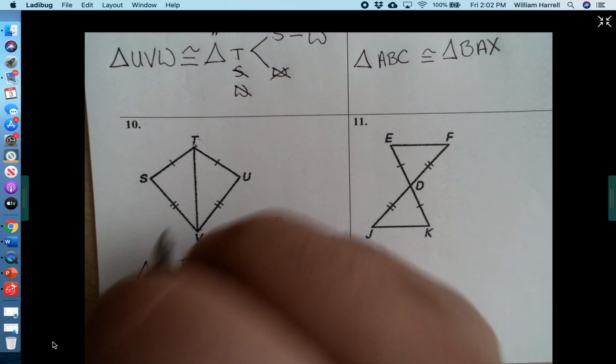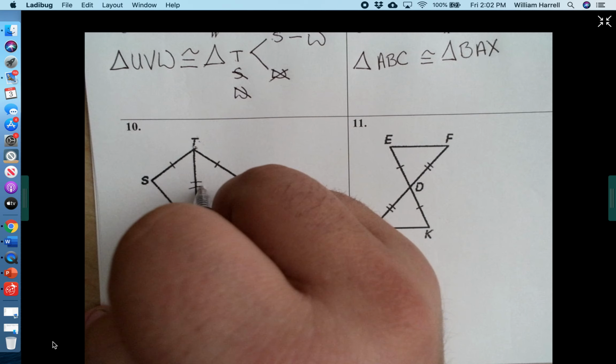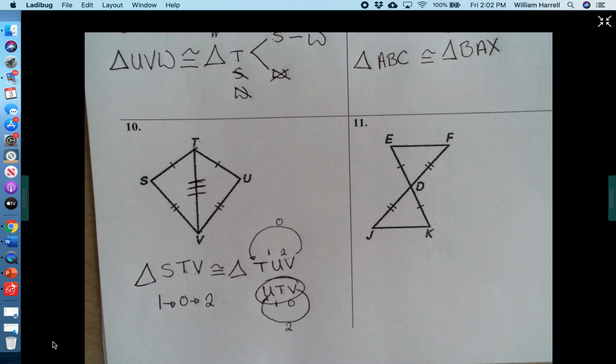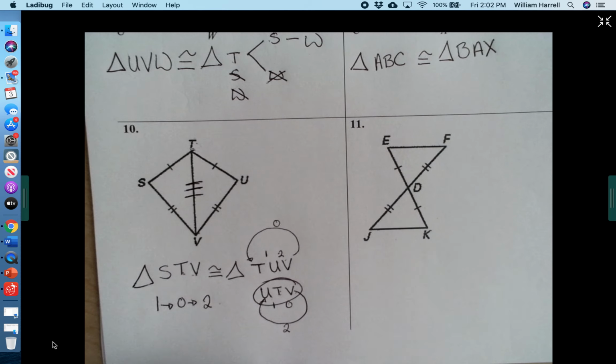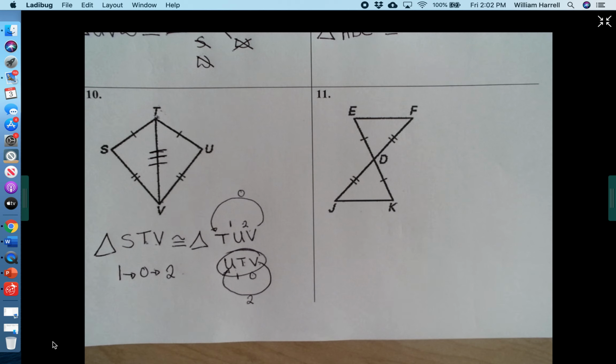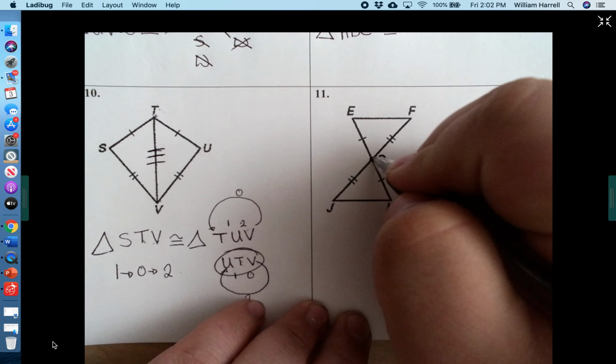Something I didn't touch on: if triangles share a side or an angle, you can put a mark there. Sides you'll draw through them. Angles I like to put swooshes or arcs. So, in number 11, do these triangles touch? Yes. Now, where do they touch? Do they touch at an angle, or at a side? These triangles touch at an angle, that particular angle being angle D right here.